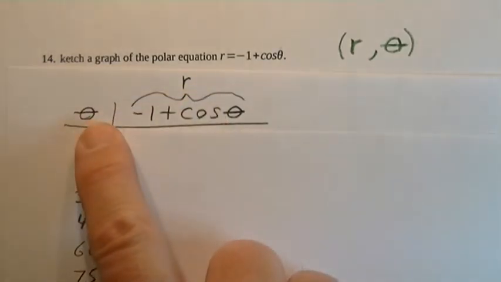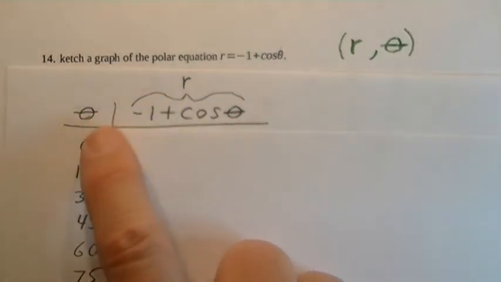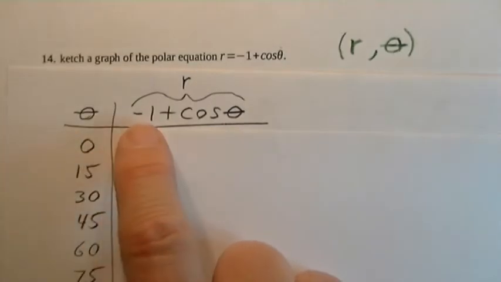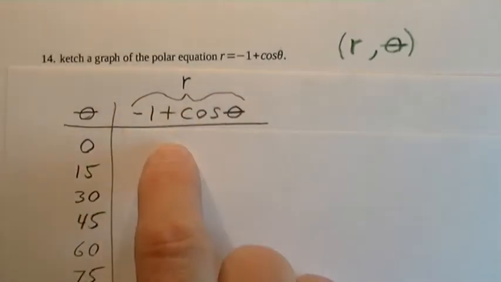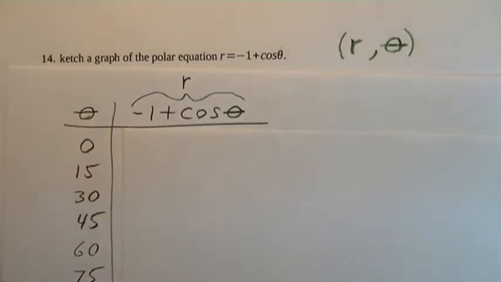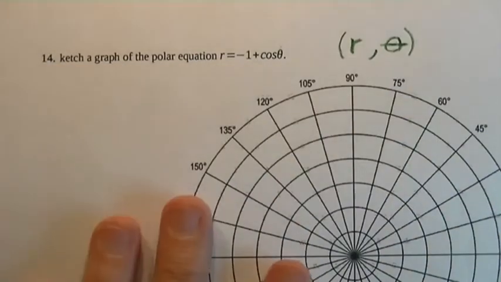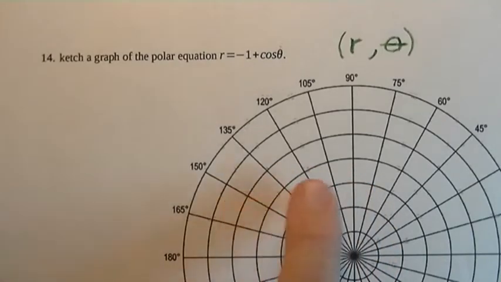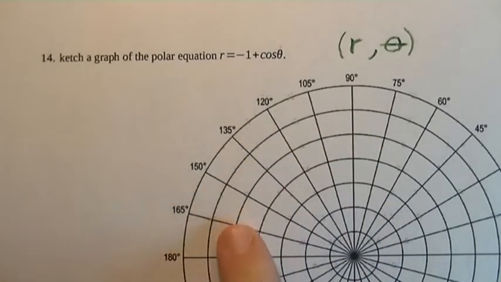So for any given angle, we're going to go this radius. So all we have to do is take the angle, do -1 plus cosine theta, write the number down. I didn't do it for every one of these. It's nice that on this problem they give you all every 15 degrees, but I don't think you need that much information to make a nice graph.